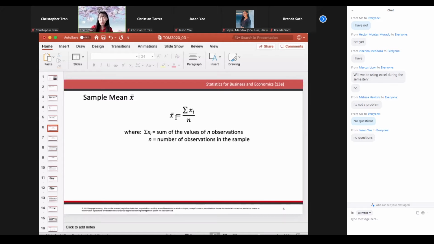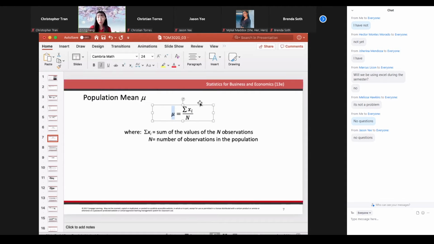So when we calculate the sample mean X bar, it equals the sum of all the values, look at the sigma, meaning summation, divided by sample size, which is small n, versus in population mean calculation. Population mean mu equals summation of all the X values divided by population size. So population size is a capital N.